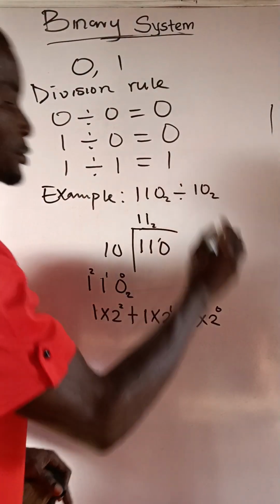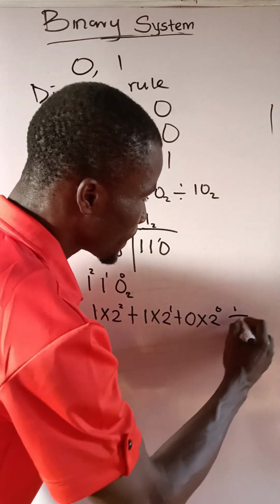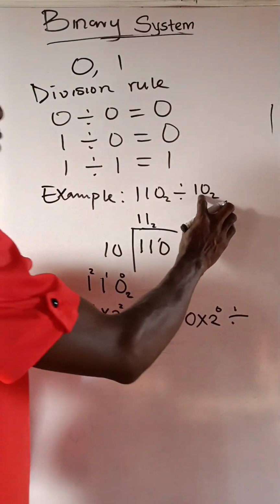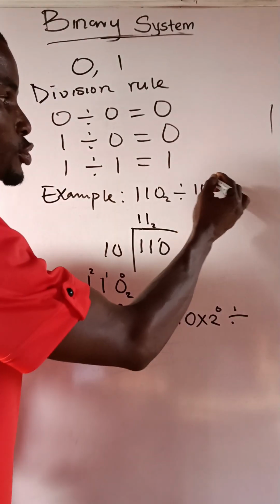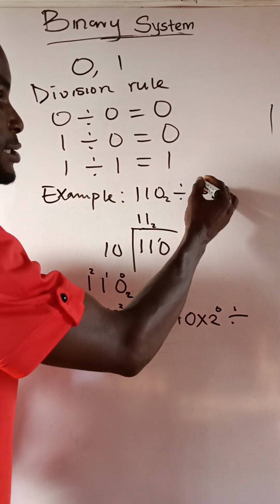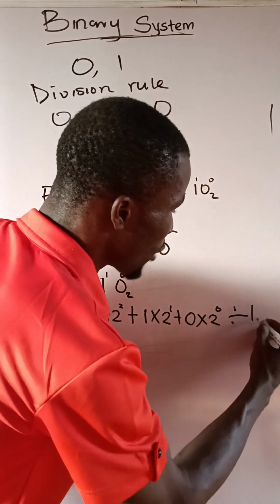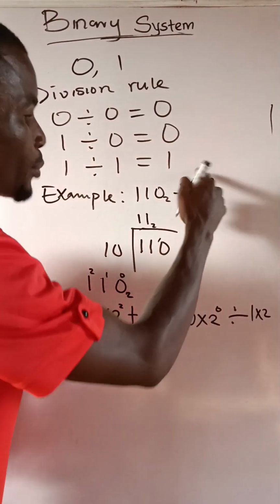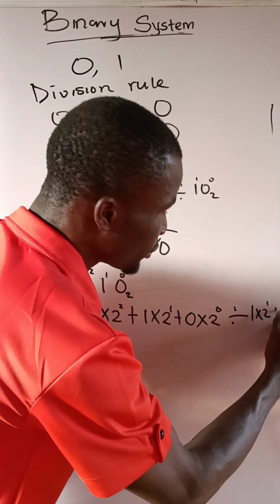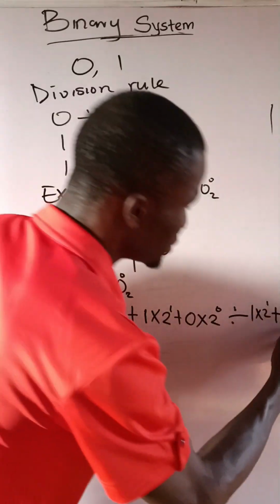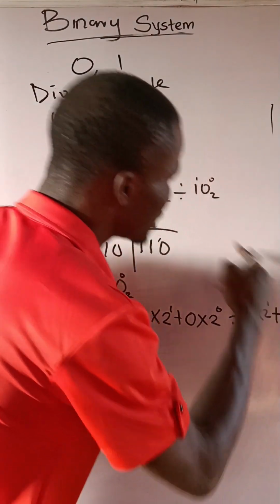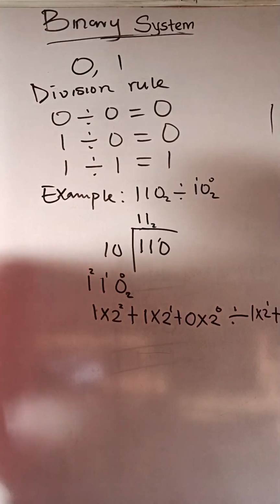Now the second one, divided by 10. So just label it. This is 1, 0. So we have 1 times 2 raised to power of 1 plus 0 times 2 raised to power of 0.